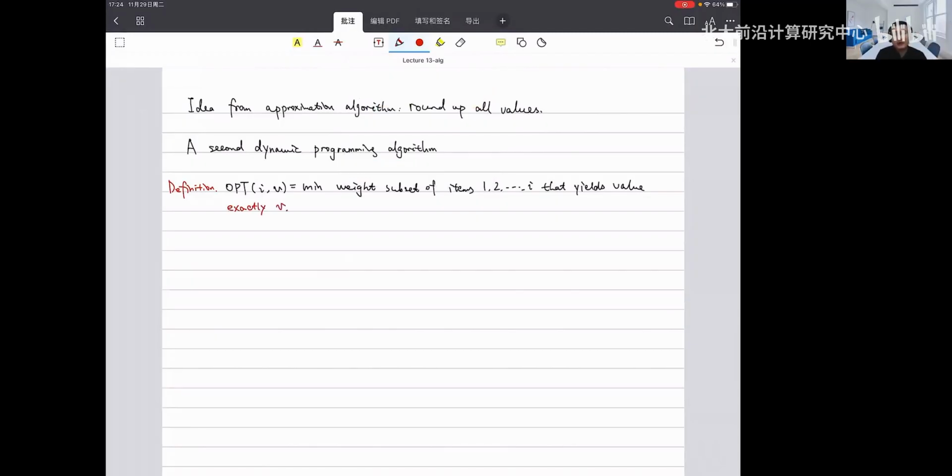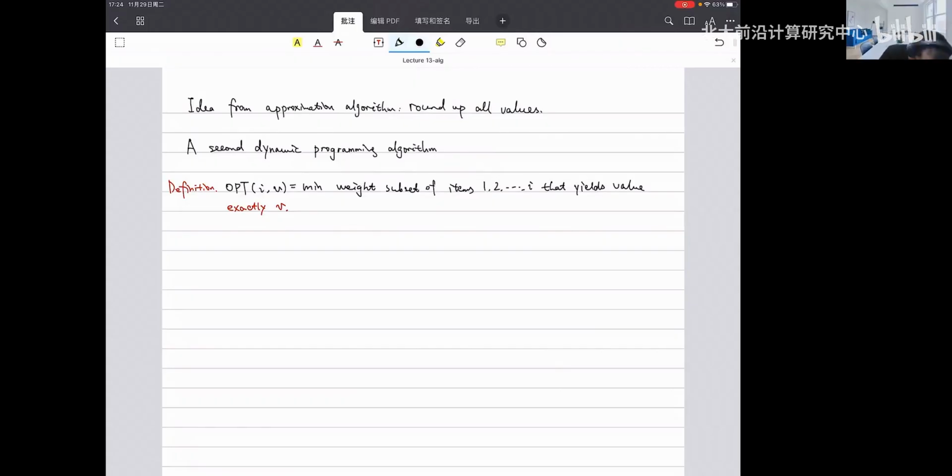For our convenience, we consider OPT(i, v) to be the min weight subset of items that use value exactly v. So this is slightly different compared to the original dynamic program. It's not only a difference between W and V, but we say that we use the value exactly v and see what the cost of this algorithm is. Let me say what the relationship is that we are going to deduce for this OPT(i, v) function.